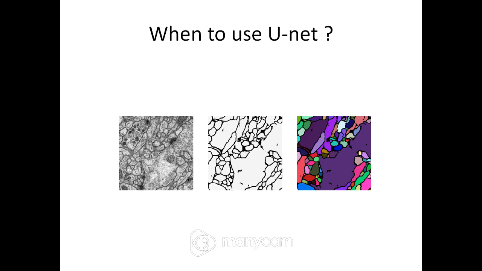Alright guys, before we get to the Google Colab and the actual training of the UNet model, let's first have a quick overview of what the UNet model is and when and why we use it. So when to use UNet? We use UNet whenever we want to generate a new image that retains the spatial details of the original image.